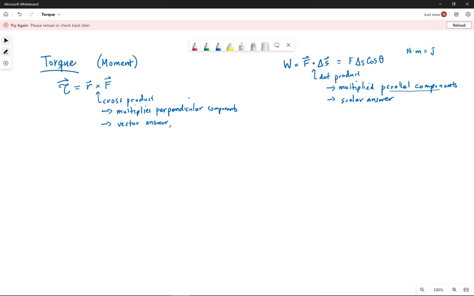And that answer, that vector, is perpendicular to r and F. We can generically write the magnitude of the torque as the magnitude of r, the magnitude of F, times the sine of phi, where phi is specifically the angle between r and F.